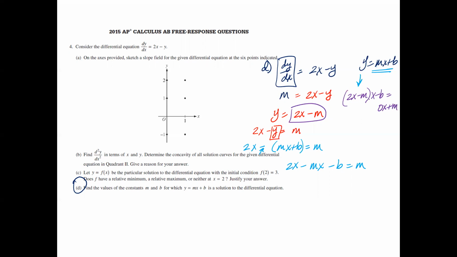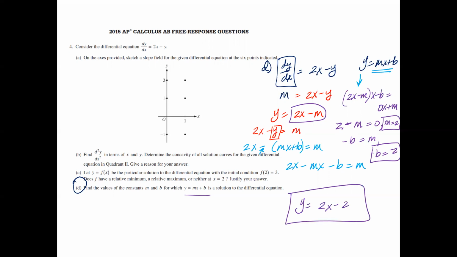So let's go ahead and distribute the x here. Then I'm going to have positive 2 minus m equals 0, which means that m equals a positive 2 as my first part for m. And then the second piece, negative b equals m, so b equals a negative m, which is negative 2. So then you do have the solution y equals 2x minus 2. And that is your answer.